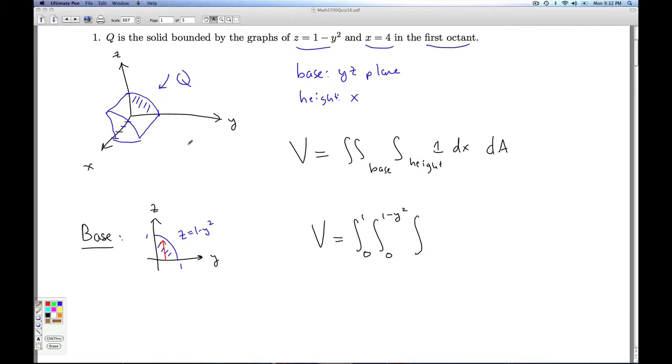Well, the height is the x direction. So this is what the height is. It starts back here at x equals 0 and goes up here to x equals 4. 1 dx dz dy. And so that's number 1.